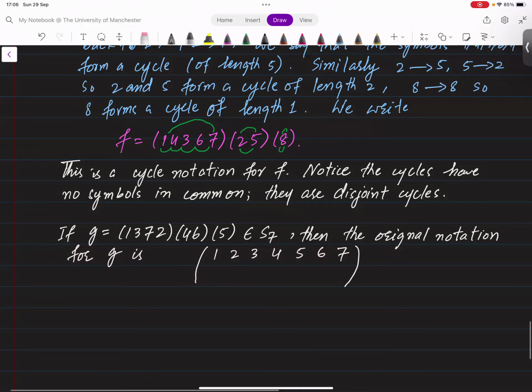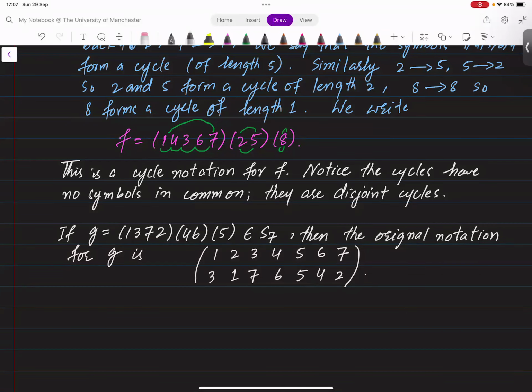We send 1 to 3, then 3 to 7, then 7 to 2, and then 2 back to 1. Then we send 4 to 6 and 6 to 4, and we keep 5 fixed. This is how we can get back to the original notation from a cycle notation.